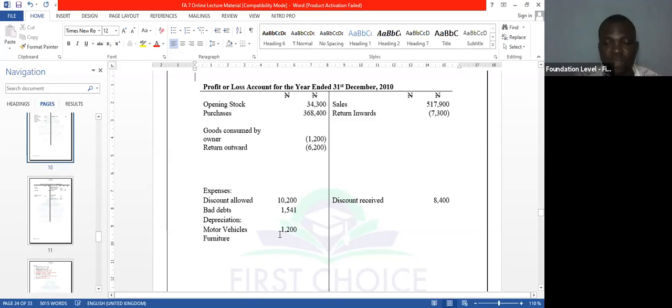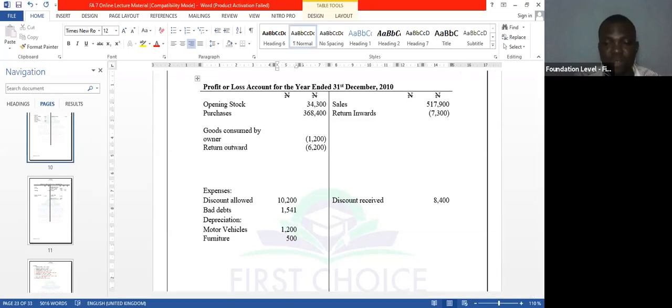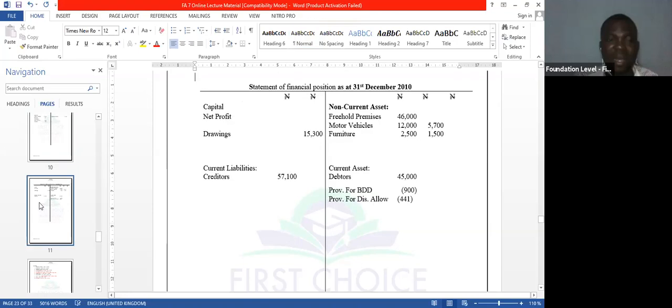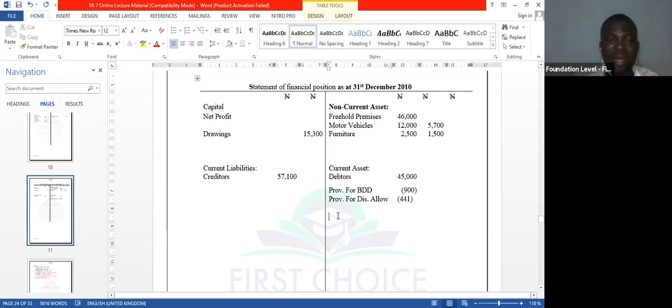Once we have done with that, we move forward. We have cash at bank. Cash at bank is an item found in the statement of financial position under the current assets.